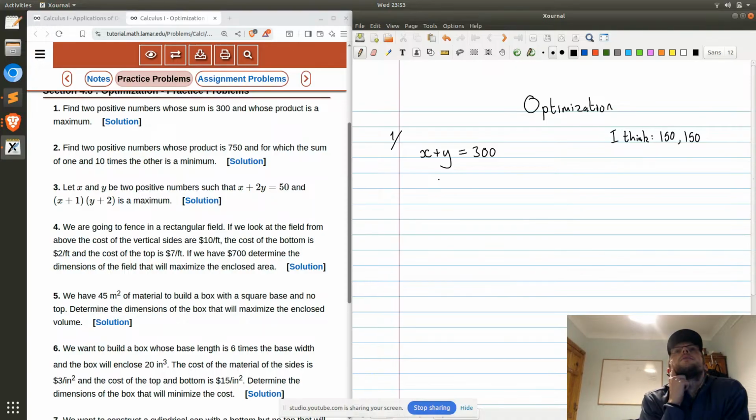Whose product is maximum. Okay, at the very least, if I can't think of the calculus that somehow justifies this, at least justify the answer that you have.